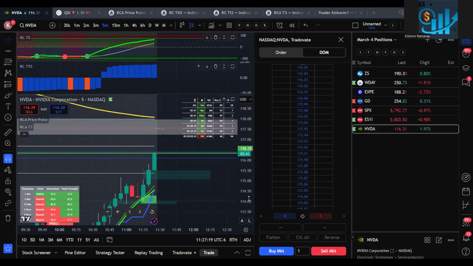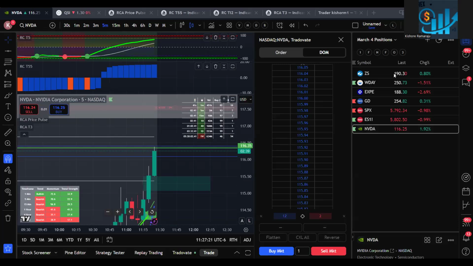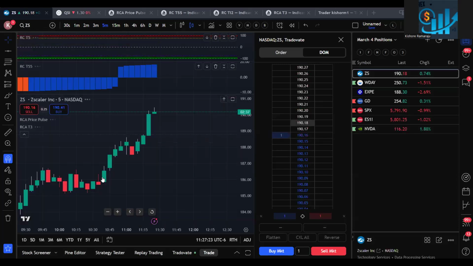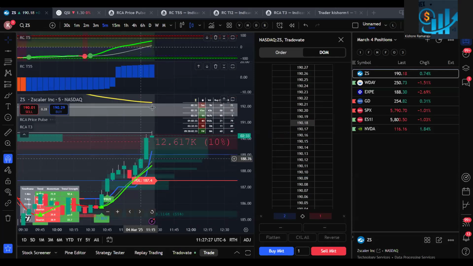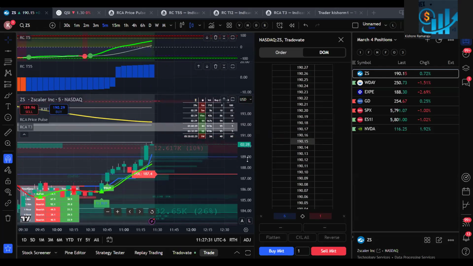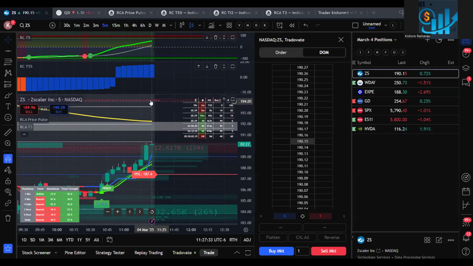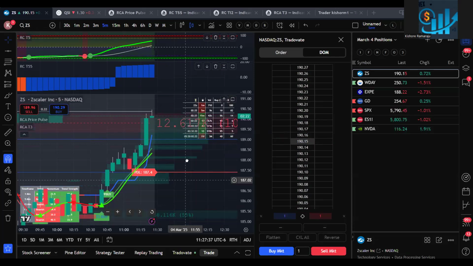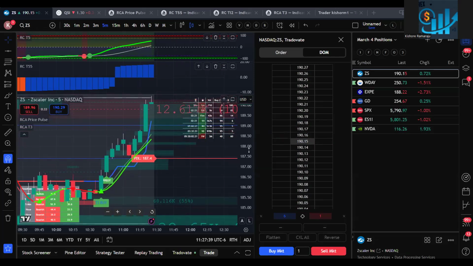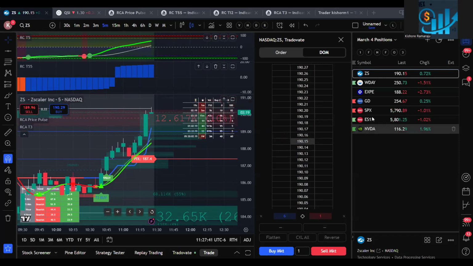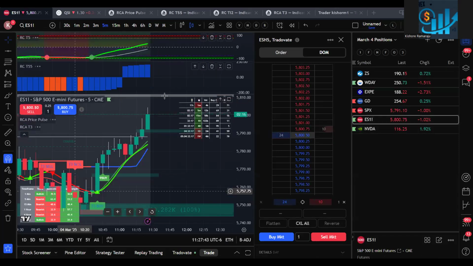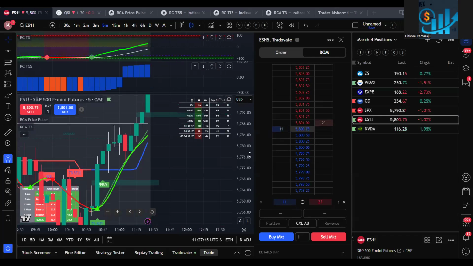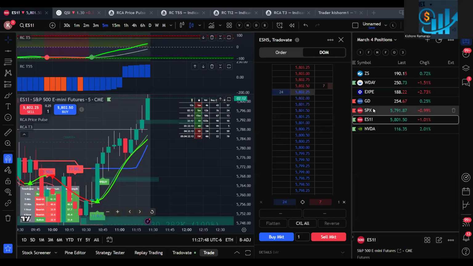Things are moving huge. If it breaks that resistance, it will go to $194. ES is non-stop. SPX is non-stop.